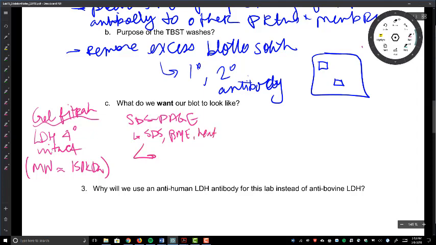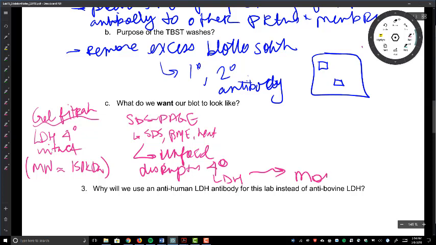This is unfolding the protein and disrupting the quaternary structure of LDH. So in our gel and in our Western blot, we're going to be seeing LDH showing up as a monomer, around 37.5 kilodaltons.